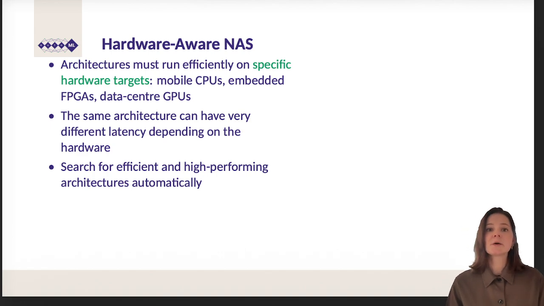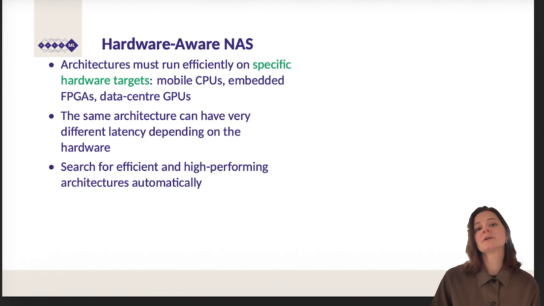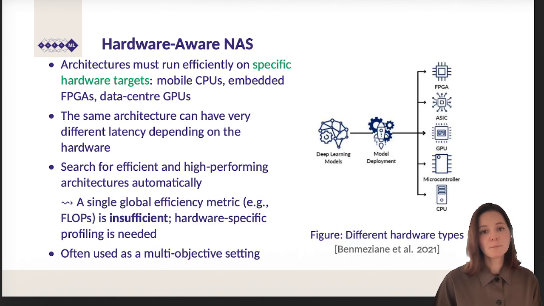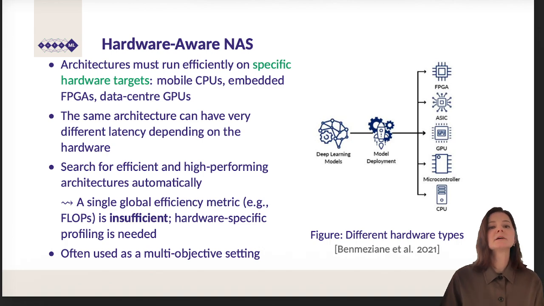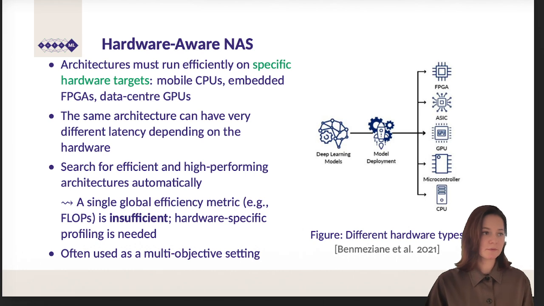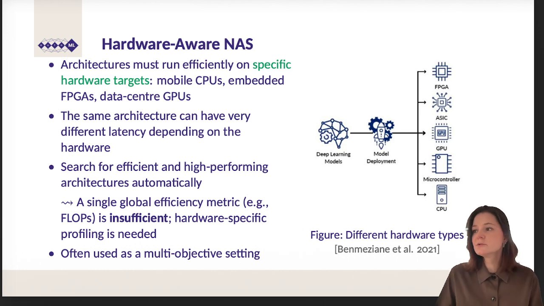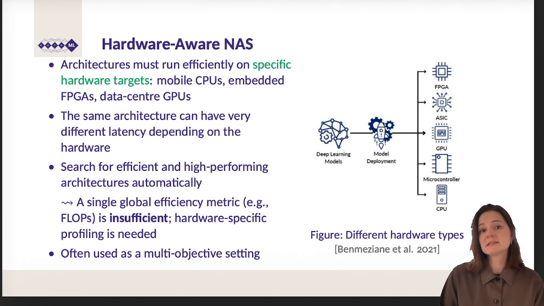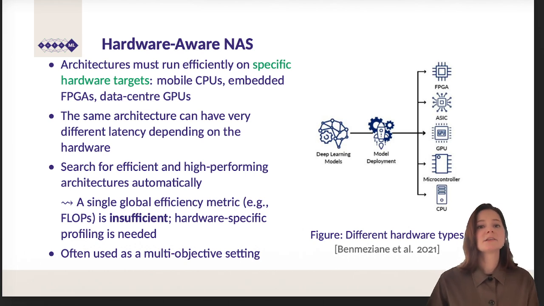So therefore, hardware-aware NAS aims to search for efficient and high-performing architectures in an automatic way. Important to note here is that only a single global efficiency metric, for example the number of FLOPs, which is normally used to design an efficient network by hand, is insufficient, since hardware-specific profiling is needed, as already mentioned, with different latencies depending on the actual hardware.